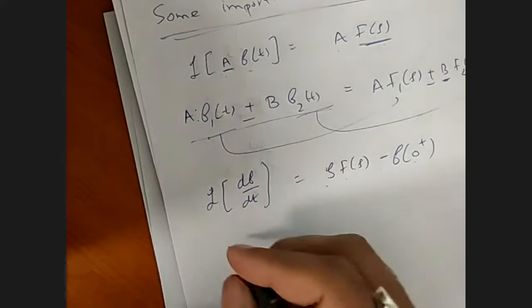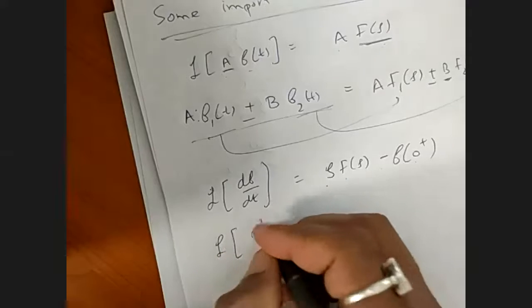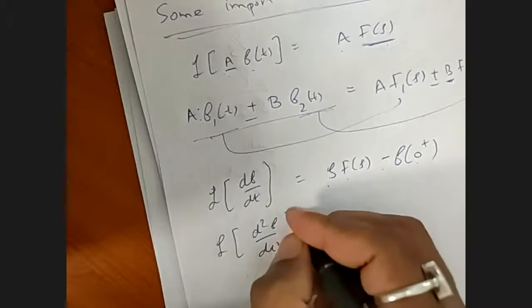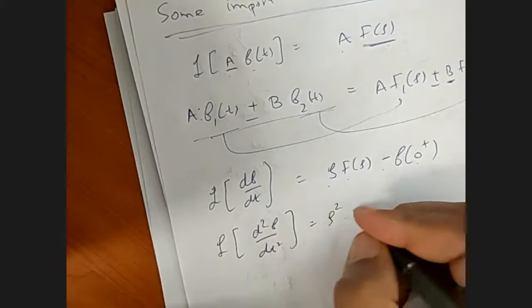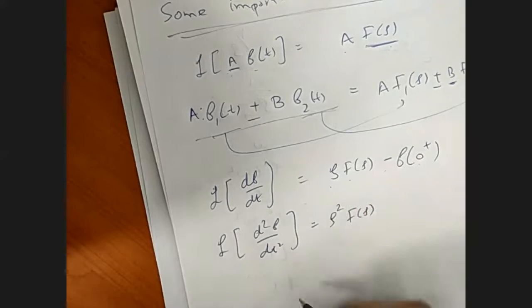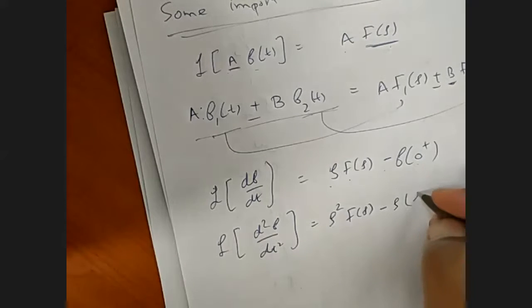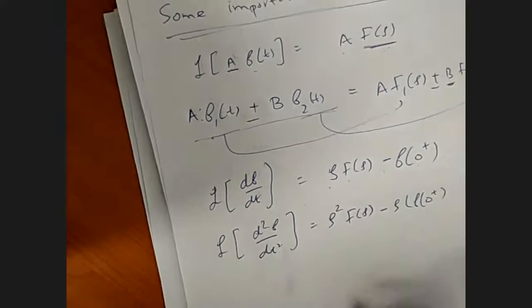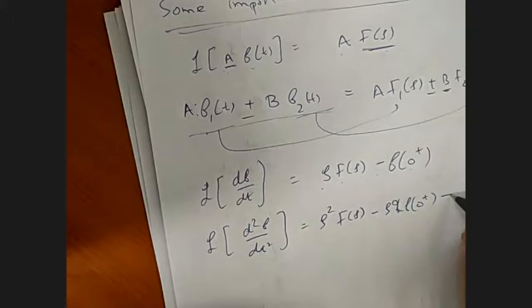And if we are talking about d square f by dt square, it is s square into F(s) minus s into f(0+) minus del f by del t at 0+.